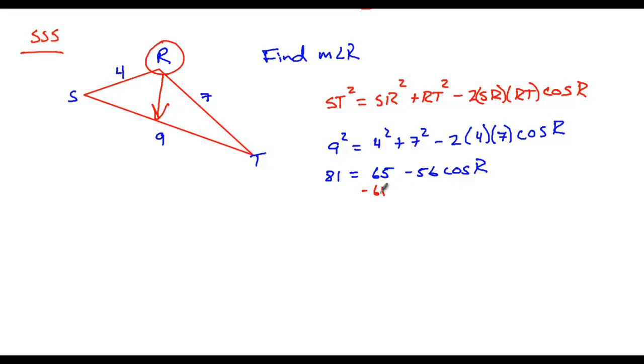So I'm going to subtract 65 from both sides, get 16 equals negative 56 cosine R.